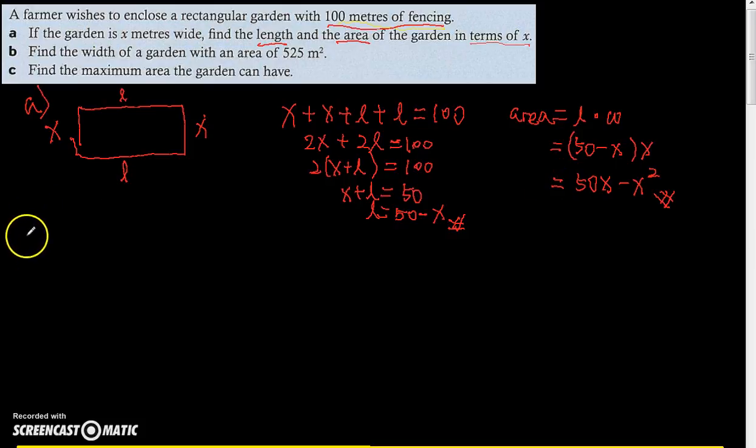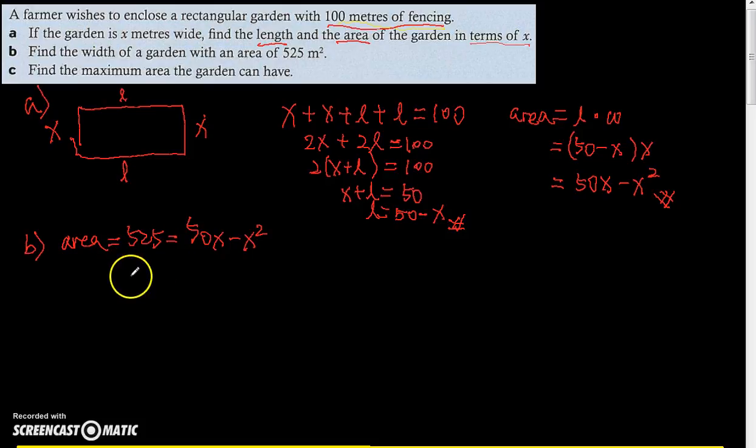Now for my part B, they want us to find the width of a garden with an area of 525. So I know I want the area to be equal to 525, and they want us to find the width. Back in part A, we have just found the expression for area, so I'm going to put that expression here: 50x minus x squared.